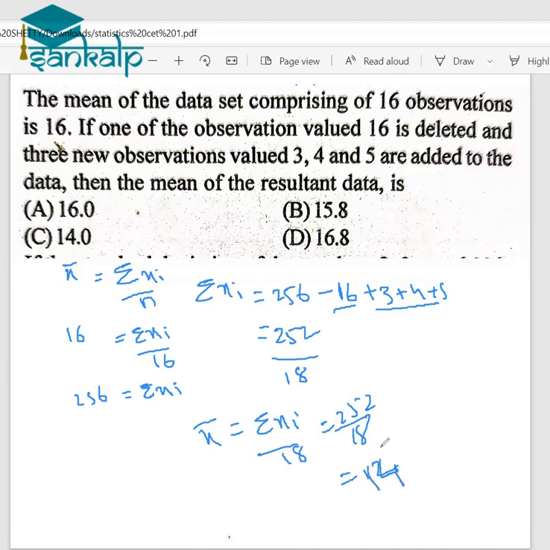So 252 upon 18 is equal to 14, and the right option is the third option, option C. So when we are calculating the new mean, first calculate the sigma xi, which is 256. Subtract the unwanted observation, add the required observations, calculate the total number of observations after deleting, and then calculate the new mean.